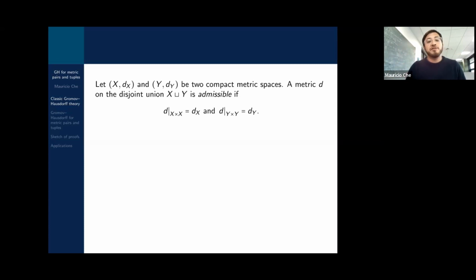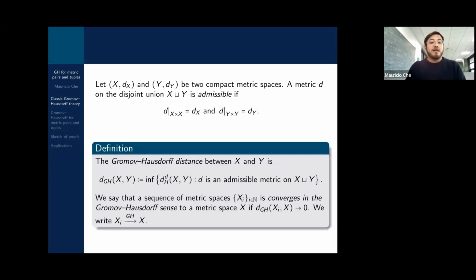We say that a metric on that disjoint union is admissible if, when restricted to X, it is the metric on X, and when restricted to Y, it is the metric on Y. The Gromov-Hausdorff distance is defined by taking such admissible metrics, taking the Hausdorff distance between the copies of X and Y in the disjoint union with those admissible metrics, and then taking the infimum over those Hausdorff distances.